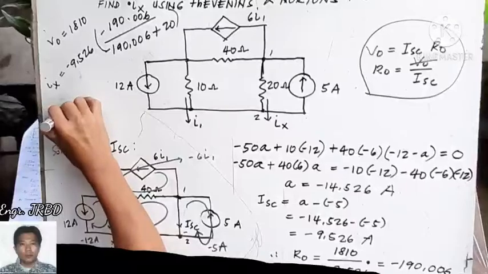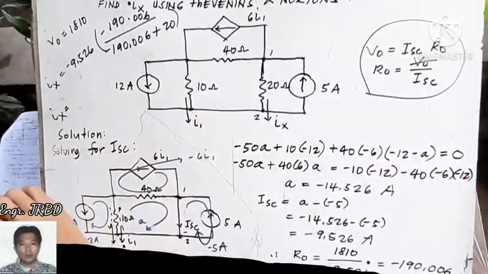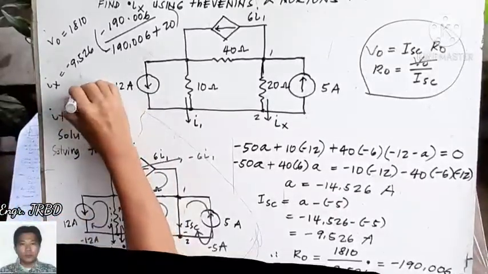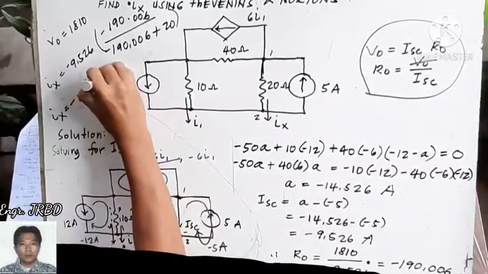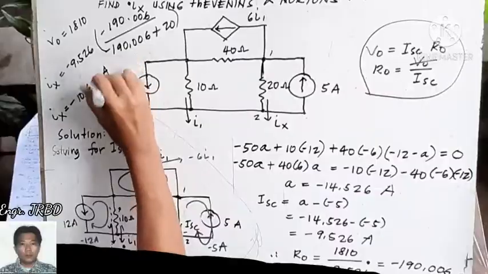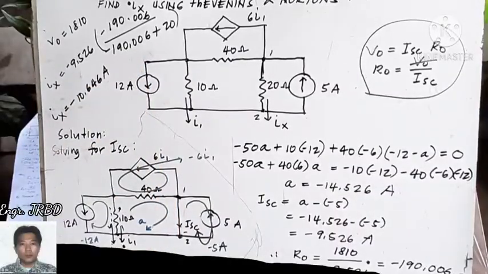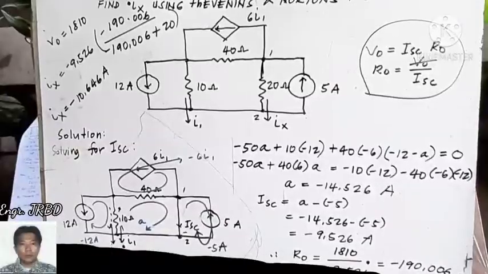Your Ix is the same, that is negative 10.646 amperes. Okay? So as you can see, whether you solve this by Thevenin's or Norton's, the result is always the same.